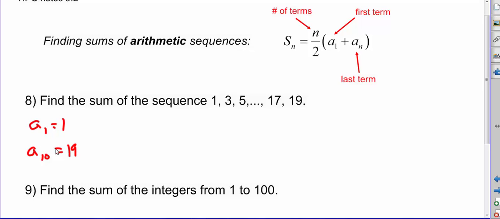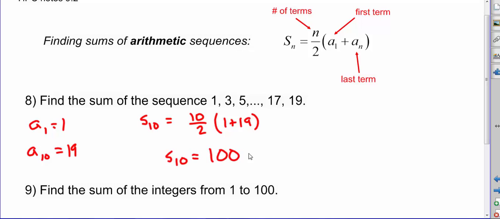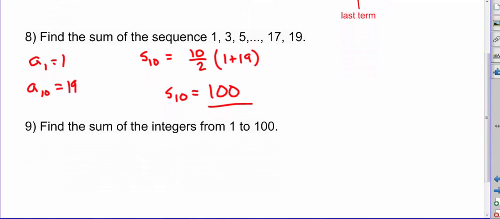So we're trying to find the sum of the first 10 terms. We would just simply do 10 divided by 2 times the first plus the last. That's 5 times 20. So the sum of the first 10 terms is 100. That's not too bad now, is it?